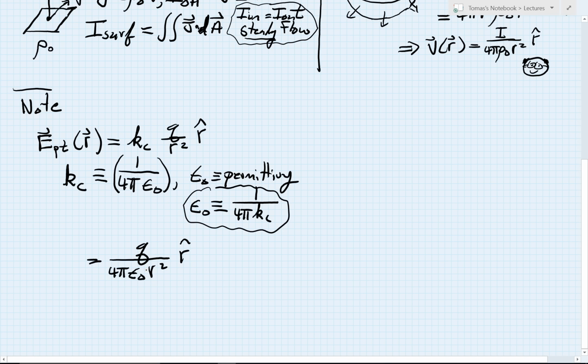And finally, we see that the way we can set the current in our fluid model to reproduce exactly the electric field from our electric calculation is to simply pump down the wire an amount of current of mass per unit time equal to the point charge that we are trying to represent.